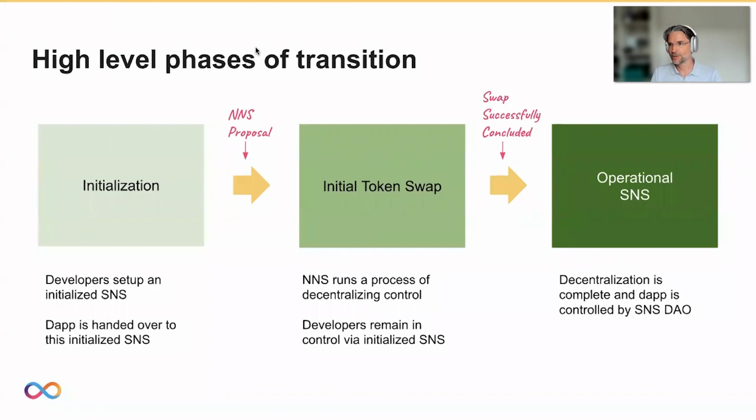So this is an opportunity for the community to review the proposed SNS, review the configuration parameters, and you'll have a wisdom of the crowd on whether this is going to be a good and fair launch. And then the second transition occurs at the end of a successful swap. We'll go a little bit into details as to what constitutes a successful swap later in the talk. So the rest of the talk is going to focus mainly on the actual swap and not on these two other phases.